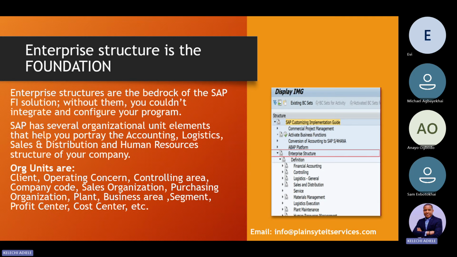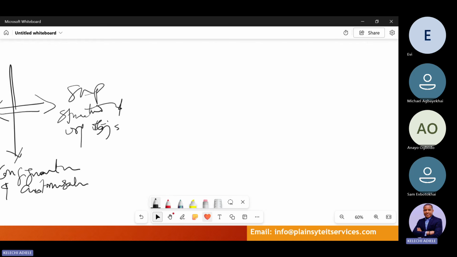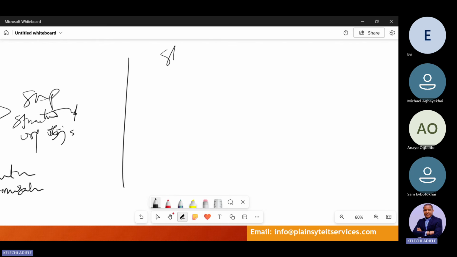In the structure of SAP, let me also rewrite this. In the structure of configuration, you have clients, then another client, you have enterprise structure.